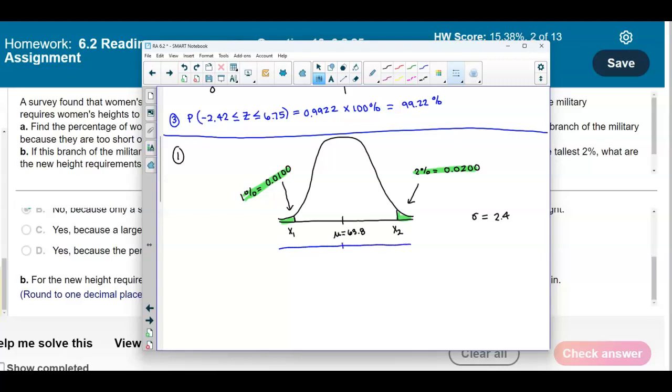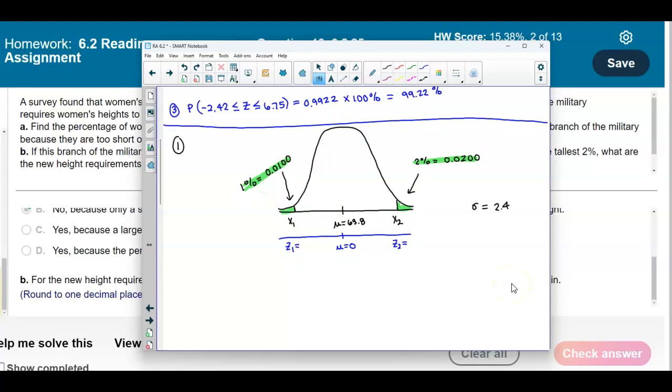We know that x1 has a z-score associated with it, and x2 also has a z-score associated with it, where the mean of the z-axis is 0. So if we're given the area, then we can find the z-scores, and then those z-scores will allow us to find the values of x1 and x2. So let's first find the z-scores.